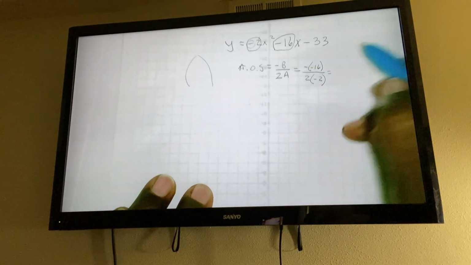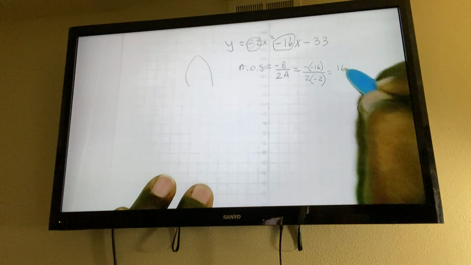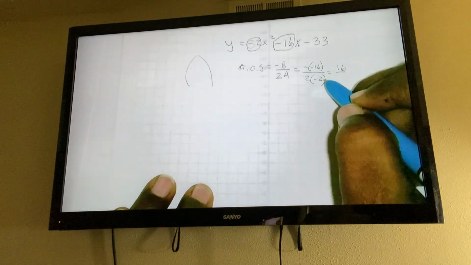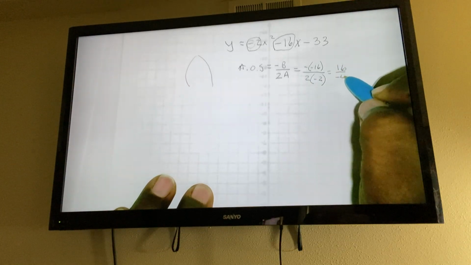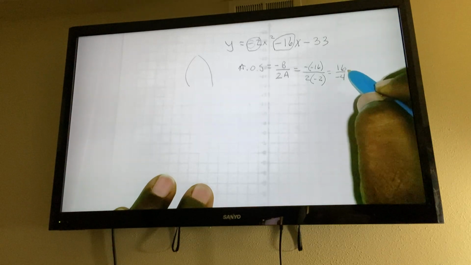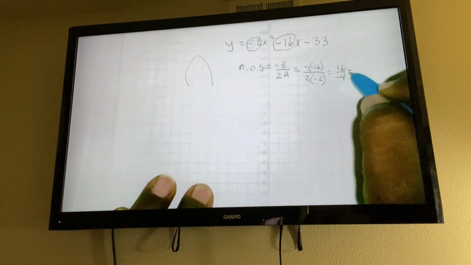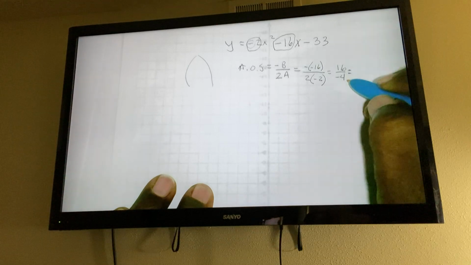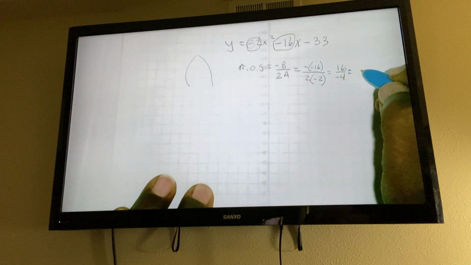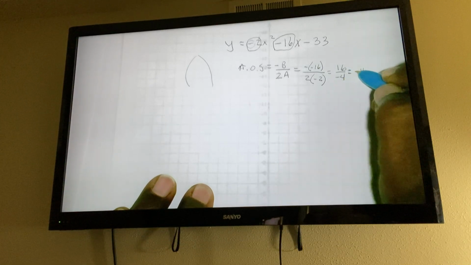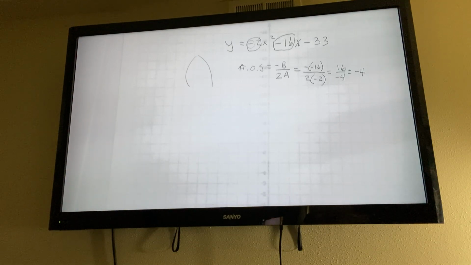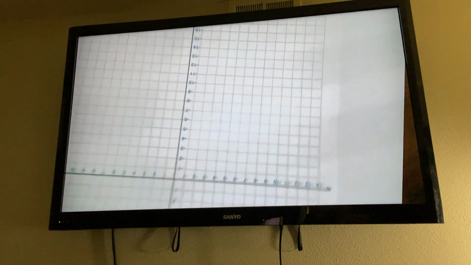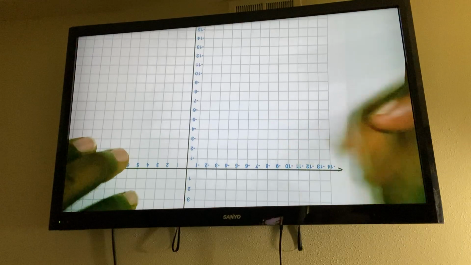Negative, negative, that's going to get us a positive 16 over 2 times negative 2, that's negative 4. So 4 goes into 16 4 times, so our axis of symmetry is going to be at negative 4.